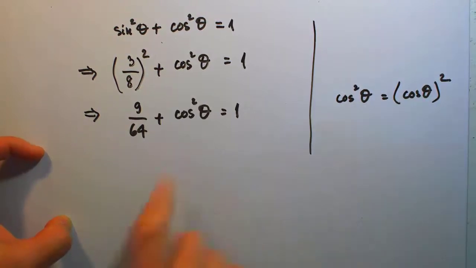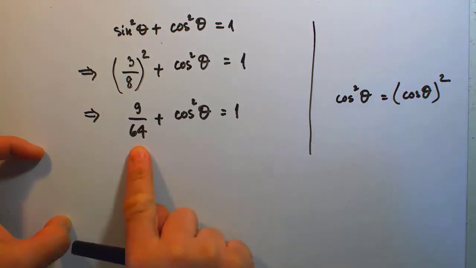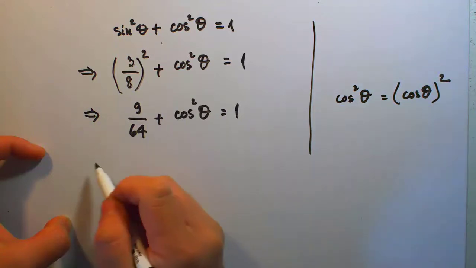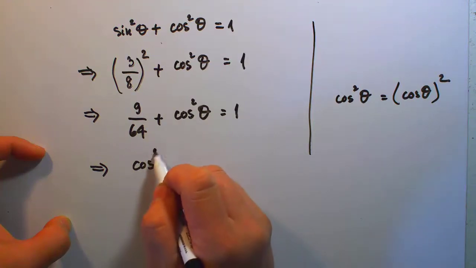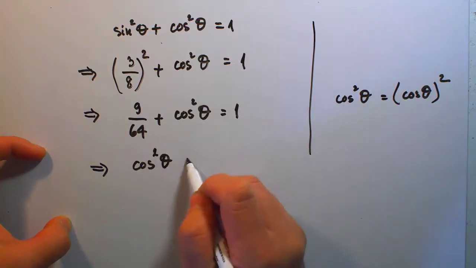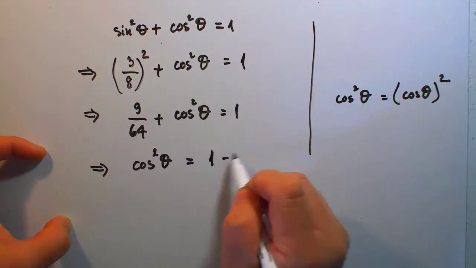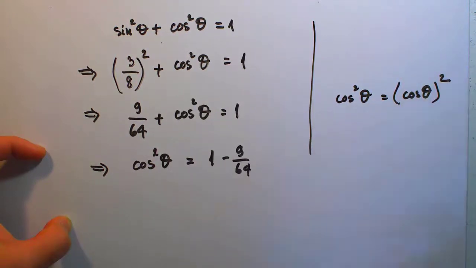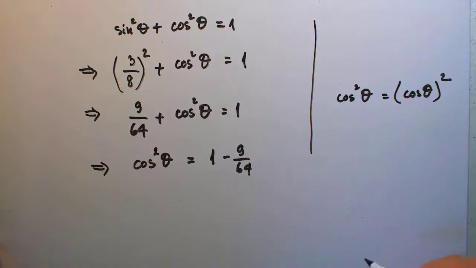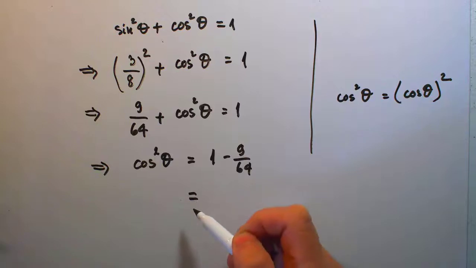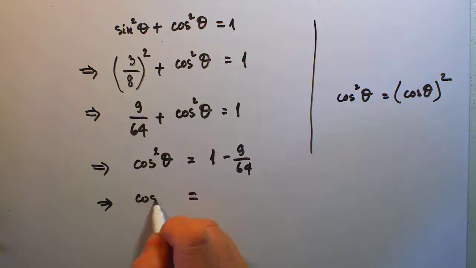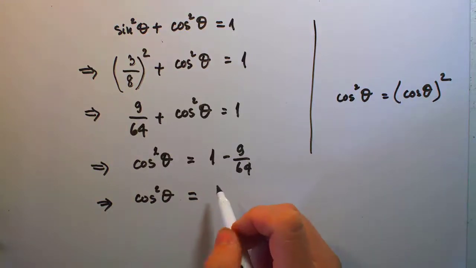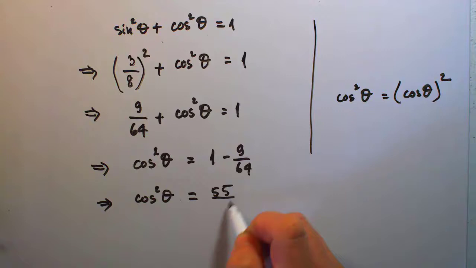So I can go ahead and subtract 9/64 from both sides of the equation, which gives my next equation: cosine square of theta equals 1 minus 9/64. Doing a little quick math here, it gives me cosine square theta equals 55/64.